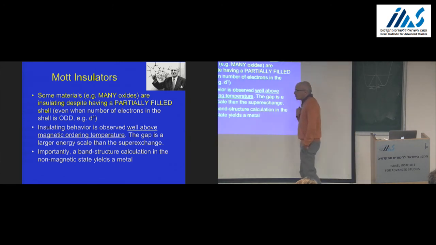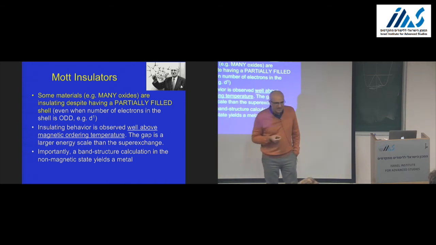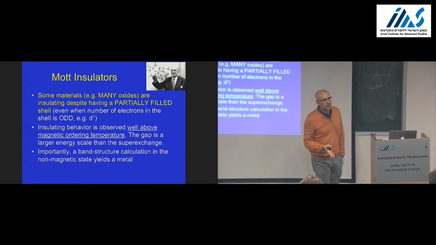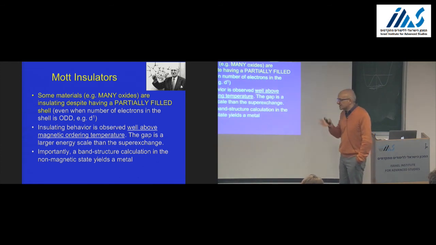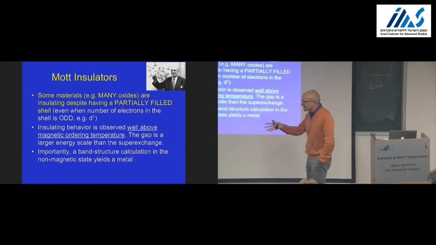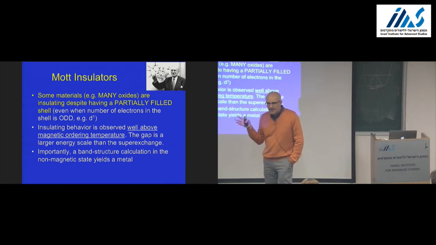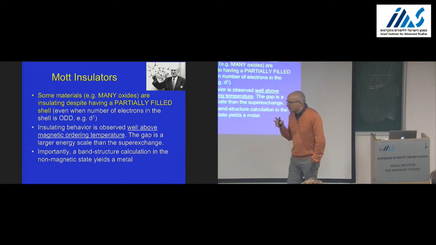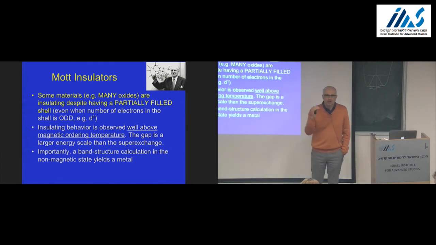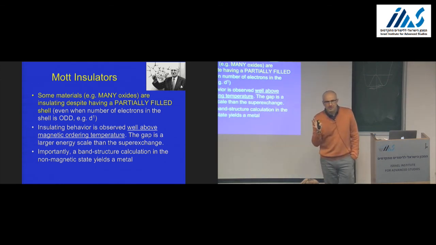One thing I want to drive through your brain is that the insulating nature of this Mott insulator has nothing to do with magnetic ordering. And this is something that Steve also emphasized in his lecture. In a Mott insulator, we have a big scale, which is U, that controls the gap.